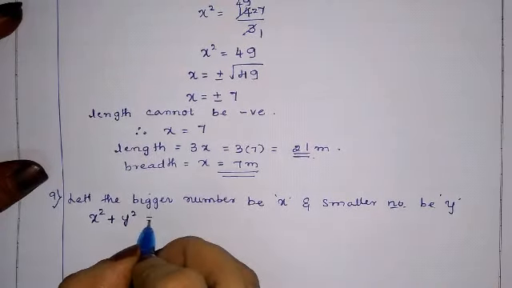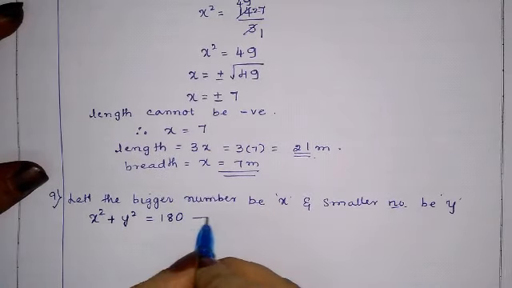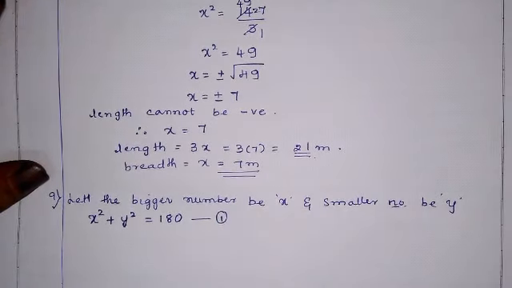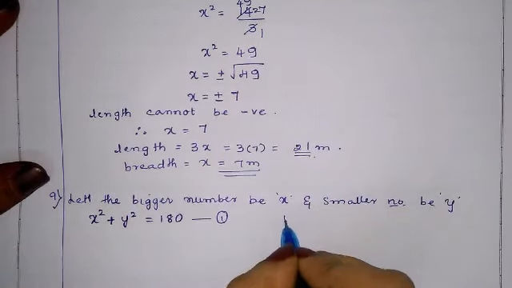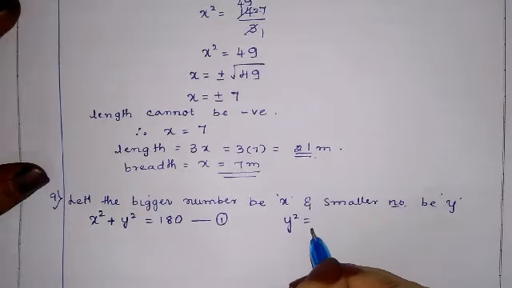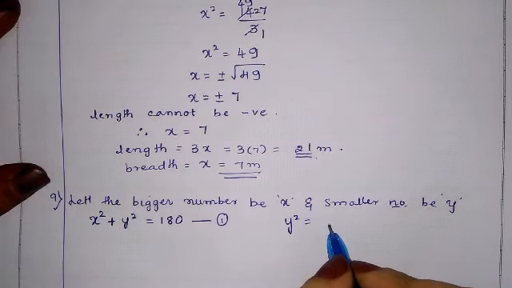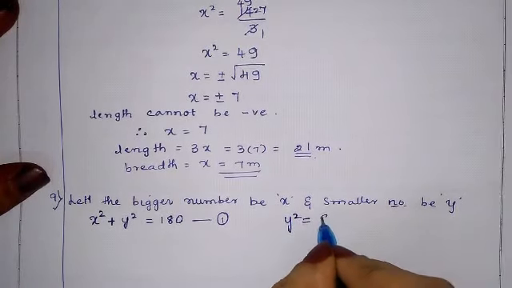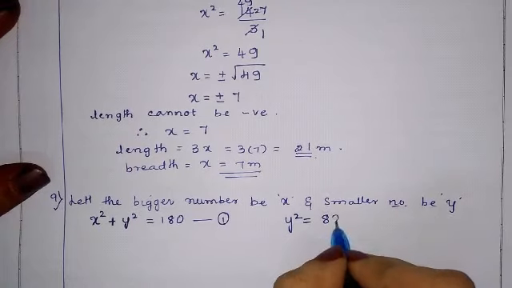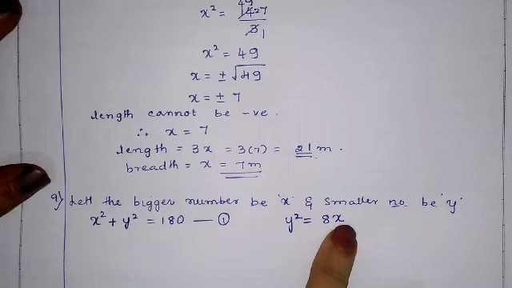Let us write this as equation 1, the first condition. In the second condition they have told, the square of the smaller number is equal to 8 times the bigger number, that is y square equals 8x.